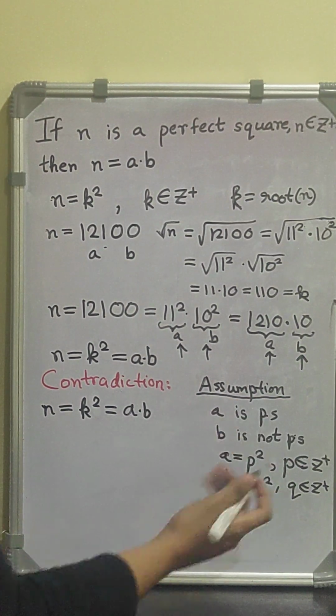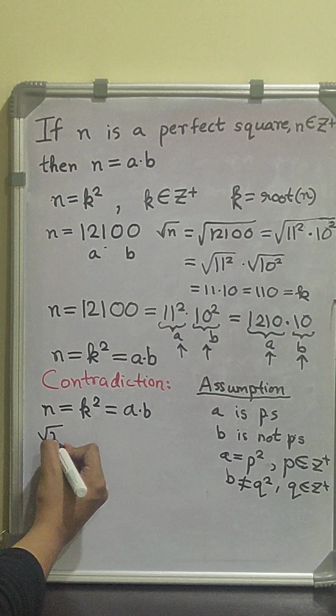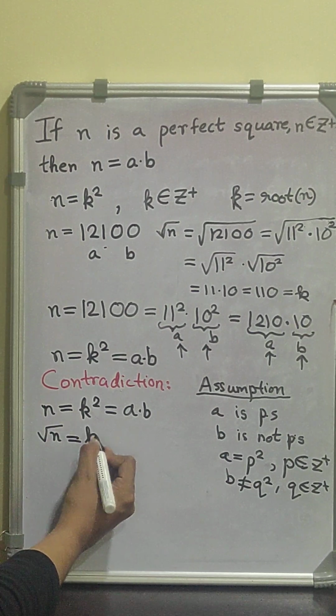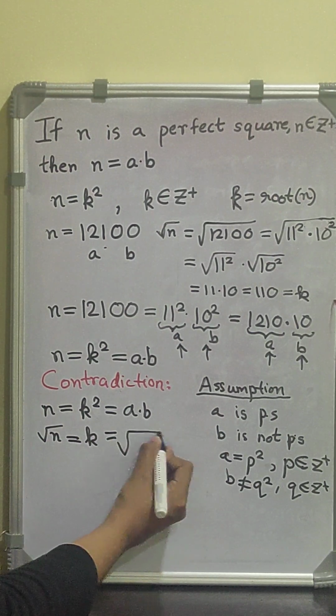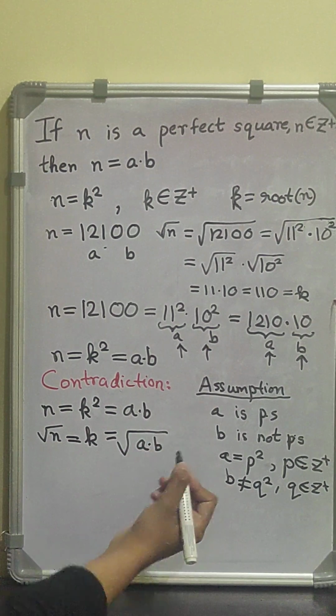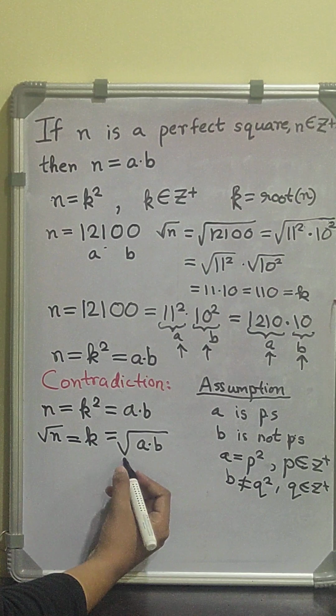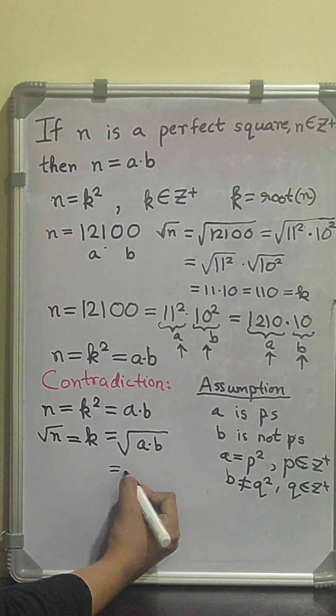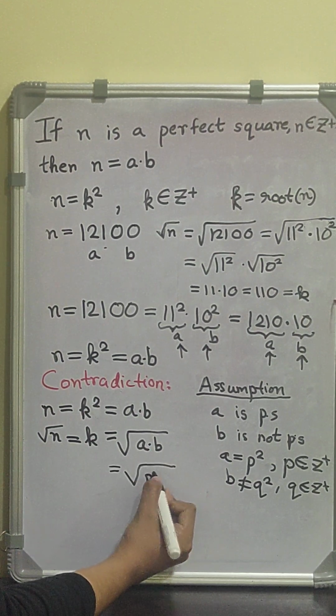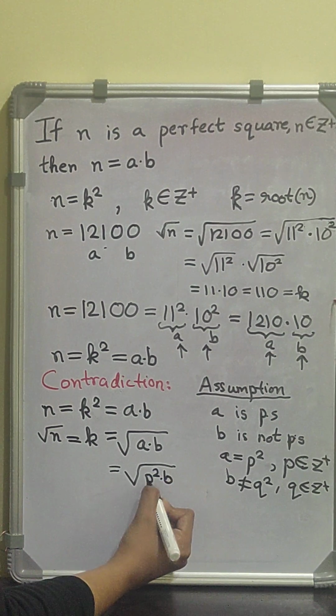So, how are we going to contradict here? Let's work out a few steps. So, root of n, that is k, is root of a times b. And this can be written as root of p squared times b.